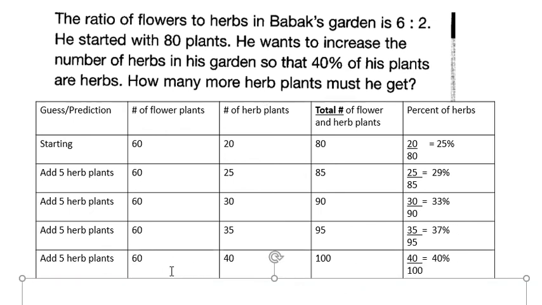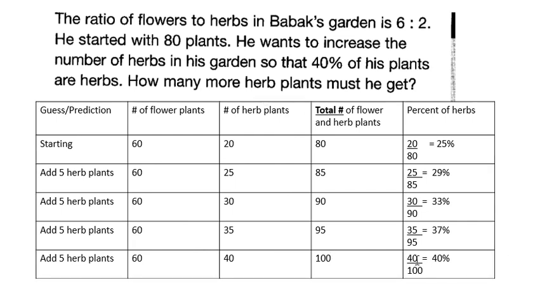I'm adding 5 more plants. By adding 5 more herb plants, I'm now at 40 herb plants. My number of flower plants still has not changed. My total number of flower and herb plants is now 100. So 60 flower plus 40 herb gives me 100 total plants.